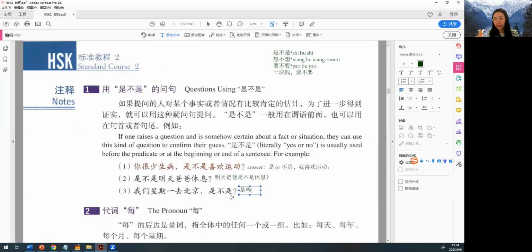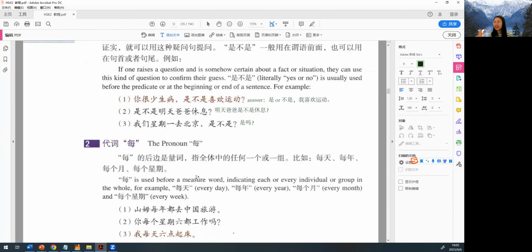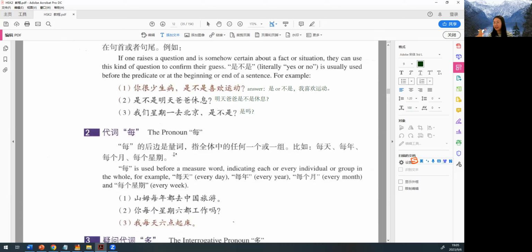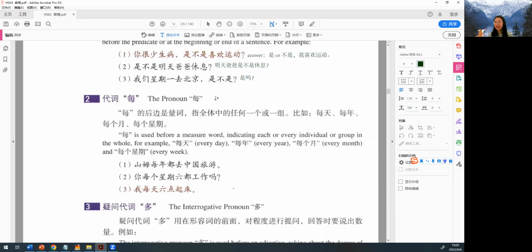Only when we put the 是不是 at the end, we can use 是吗. That means don't we, doesn't it, didn't it, 是吗? Yeah. Let me put a question mark over here. All right, and the second, 美. So this pinyin is, let me write down the pinyin in case you forgot, 美.